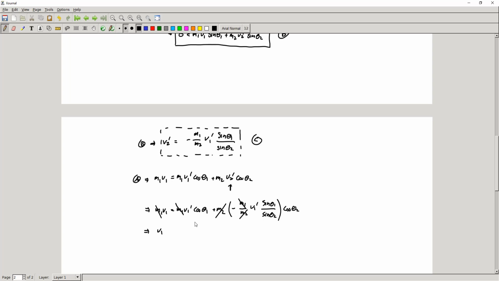So we'll have v1 minus v1 prime cos theta 1. It's going to be equal to minus v1 prime, and I'm going to rearrange. I'm going to put both of my terms that have theta 2 as their argument together. So I'm going to have sine theta 1, and it's going to be cos theta 2 over sine theta 2. Okay?